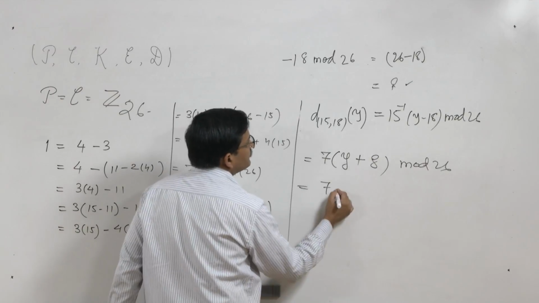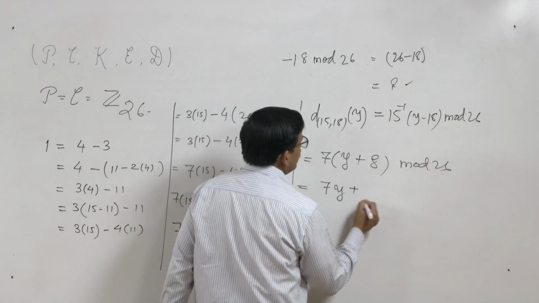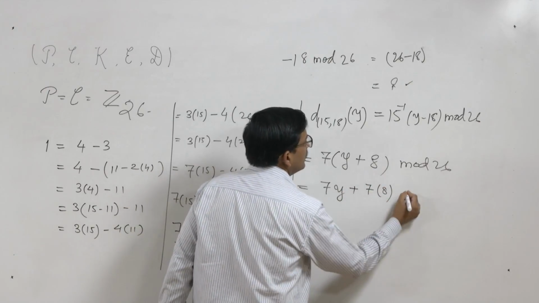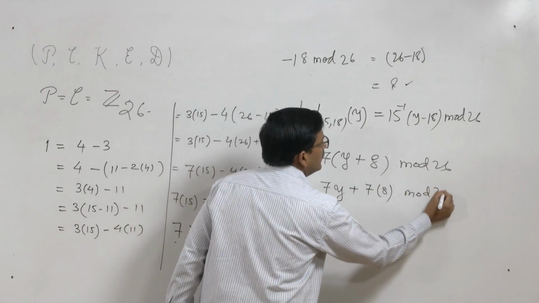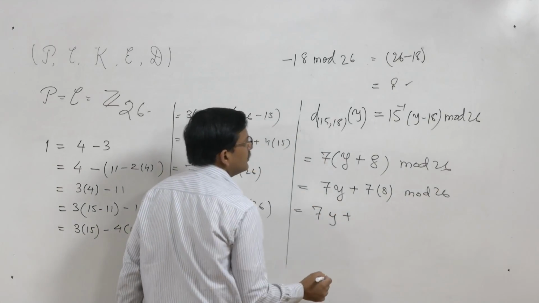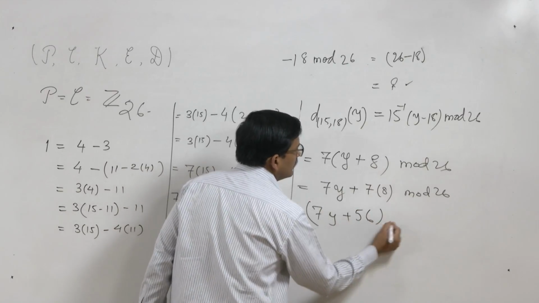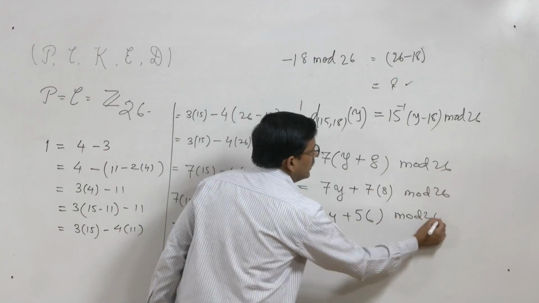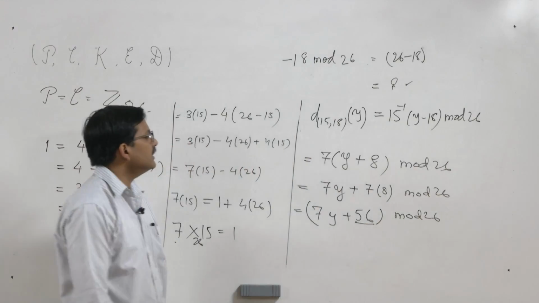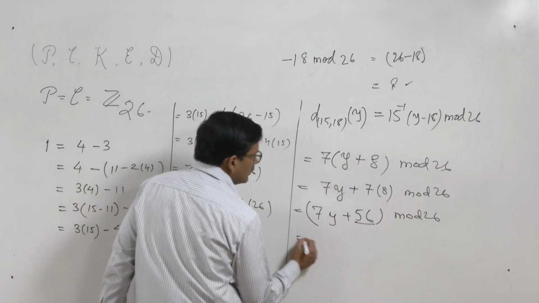Then I have 7y, then I have 7 into 8 mod 26, which gives me 7y plus 56, this whole thing mod 26, and I reduce 56 mod 26, that gives me 4.